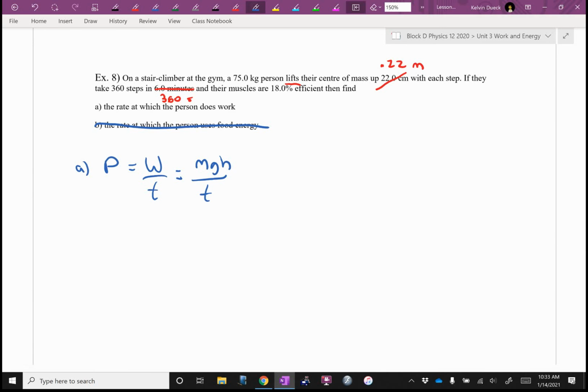Let's keep going. m. Oh, 75. g, 9.8. What's the height? It's not 0.22.